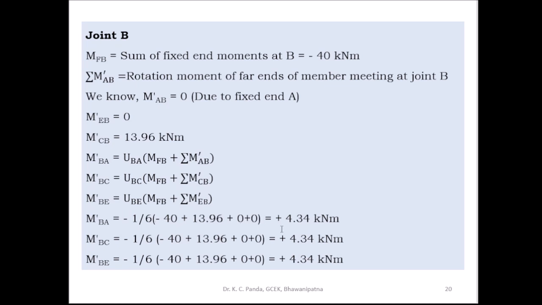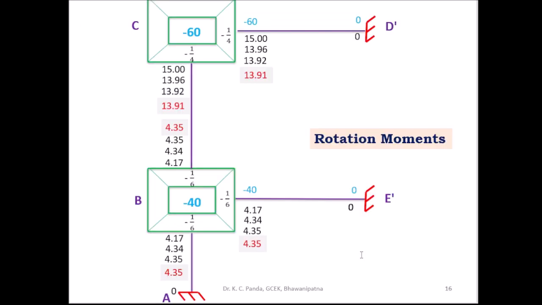So here m dash BA is equal to 4.34, m dash BC is equal to 4.34 and m dash BE is equal to 4.34 kilonewton meter. Then write this rotation moment 4.34, 4.34 and 4.34. Then the second cycle is over.